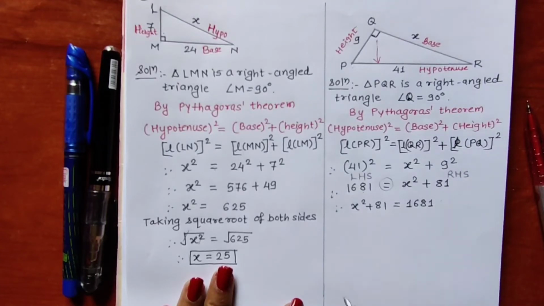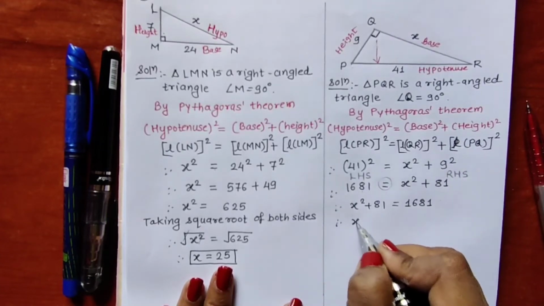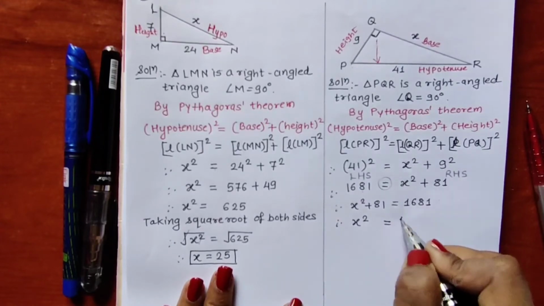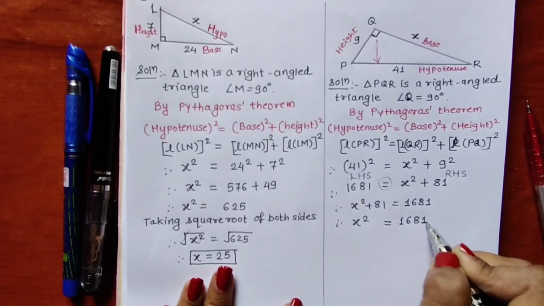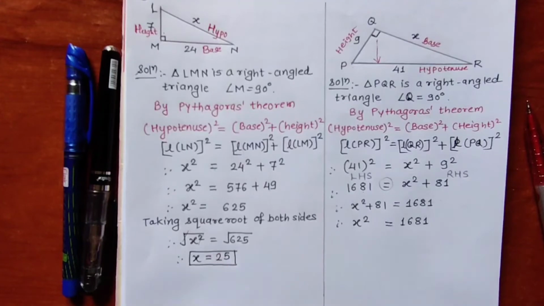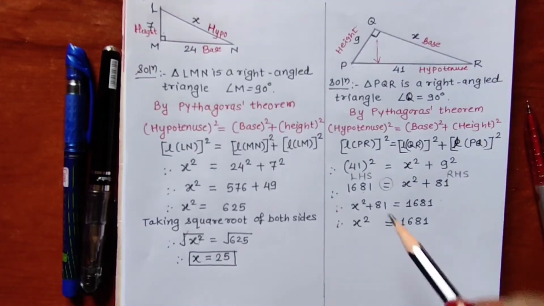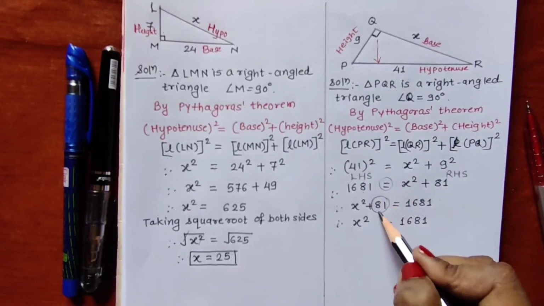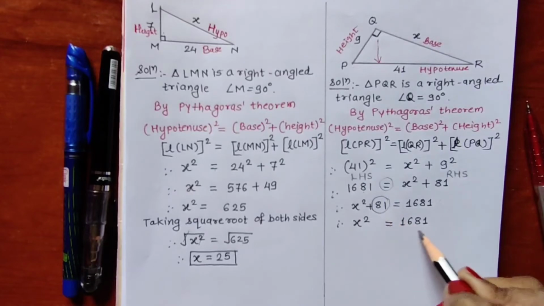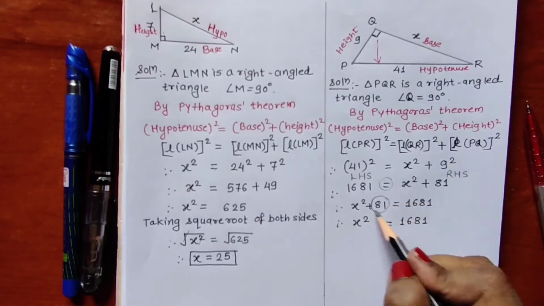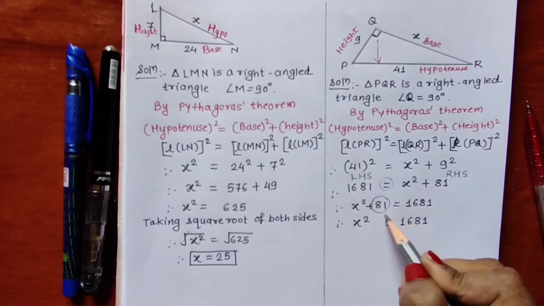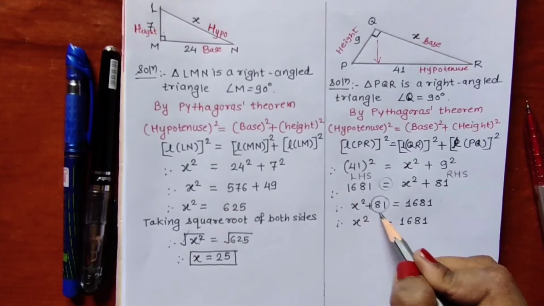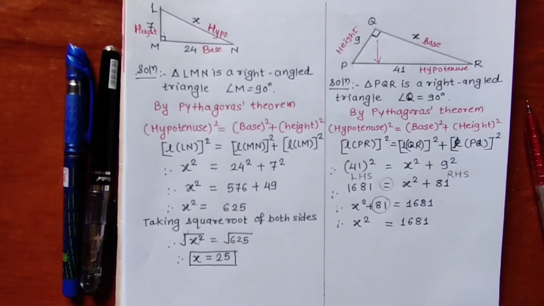Now after exchange, I write x square as it is, this 1681 as it is, only this 81 I am going to transfer from left to right. So while transferring, this plus 81 will become minus 81.